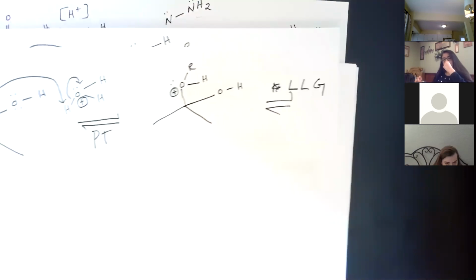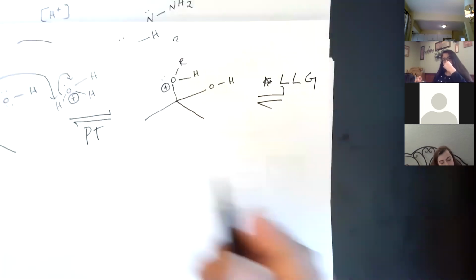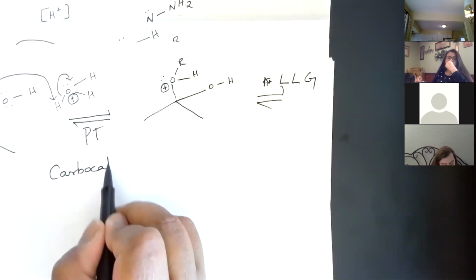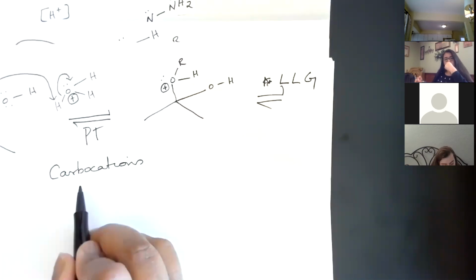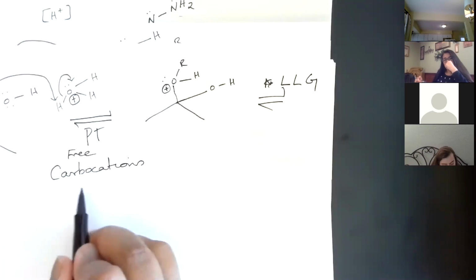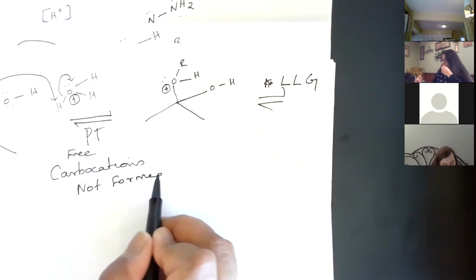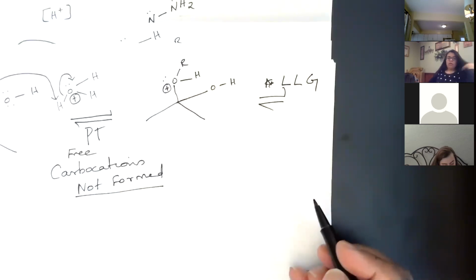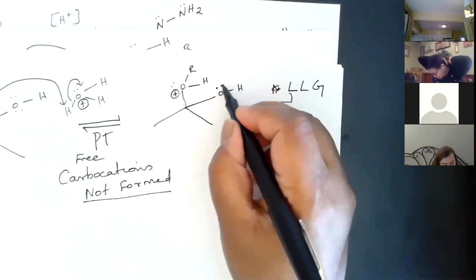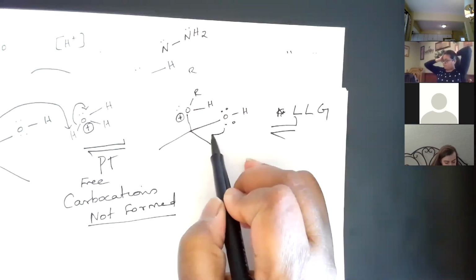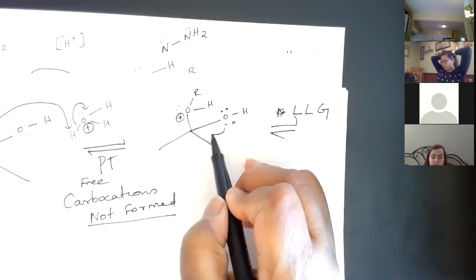And you have to keep in mind here, you do not have any free carbocations formed. So you're going to lose this OR group, but this guy is going to come in.